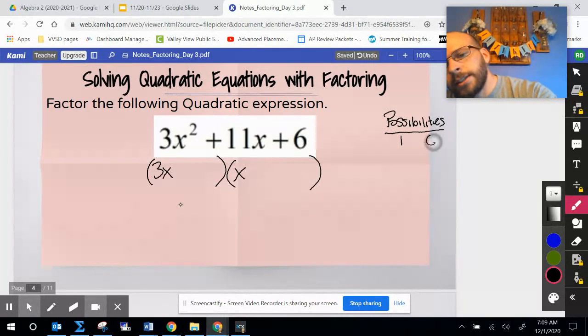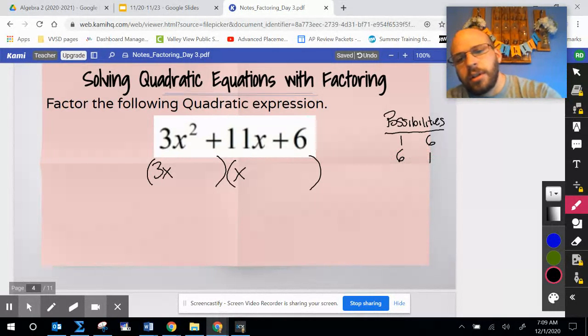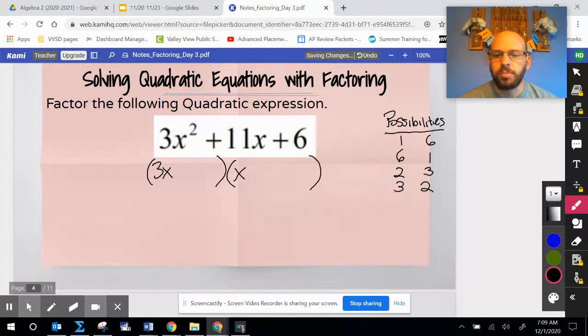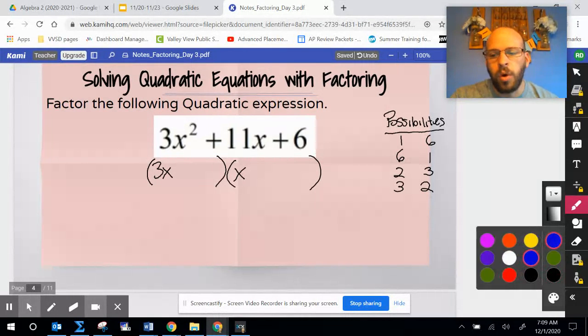So 1 and 6, 6 and 1. 2 and 3, 3 and 2. Right? So if I multiply any of those factor pairs together, that gives me 6. And there are no other factor pairs for 6. Those are the only combinations. So I know it's got to be one of those choices to finish off my problem. I just have to figure out which one.